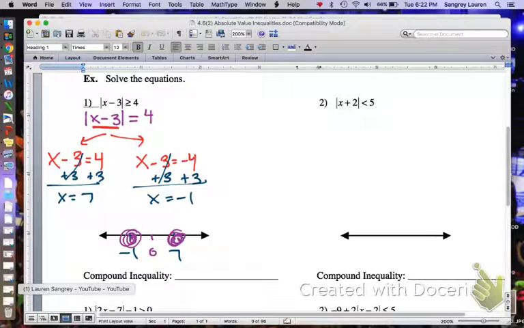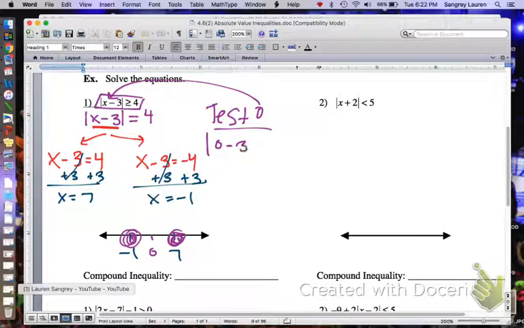We're going to test 0, which means we're placing 0 back into the original problem. So we have absolute value of 0 minus 3, and we have to figure out if that's less than or equal to 4. 0 minus 3 is negative 3. That is still in the absolute value. The absolute value of negative 3 is 3. So is 3 less than or equal to 4?